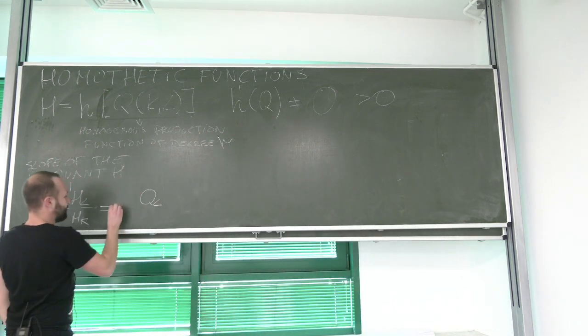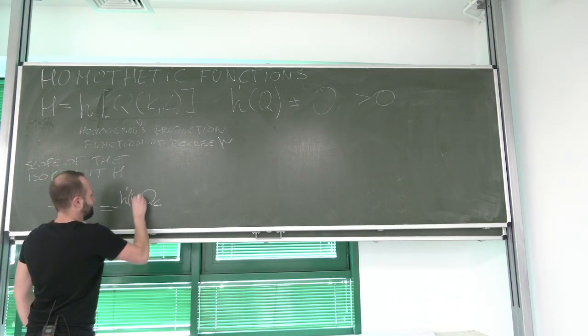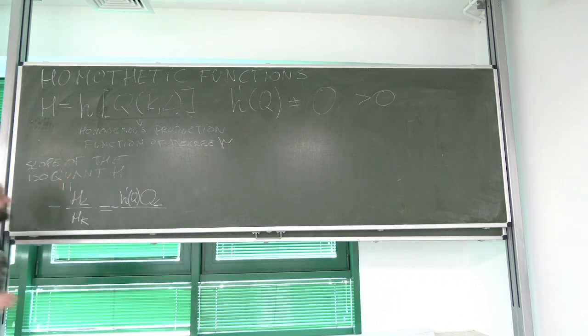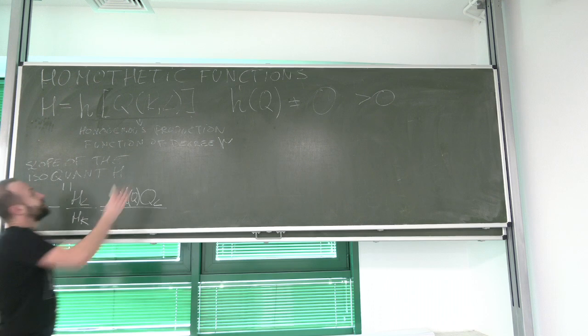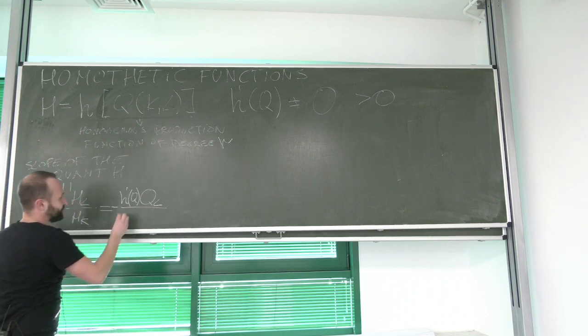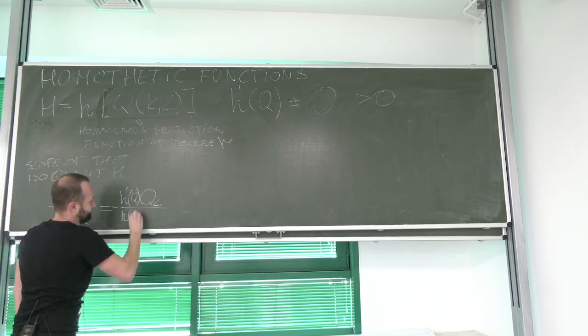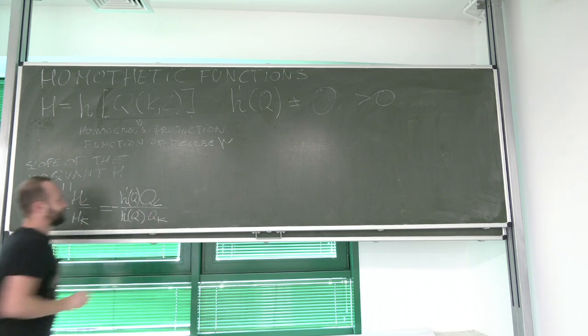This is how we are going to get the expression for the partial derivative of h with respect to L. And look, now similarly, we calculate the derivative of h with respect to capital, which is giving us Q_K.